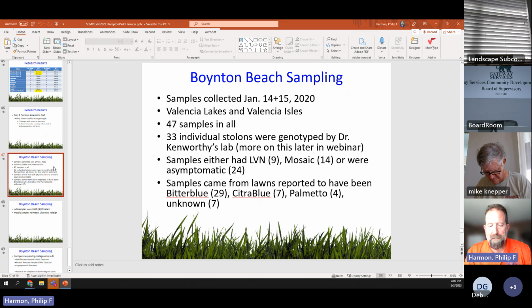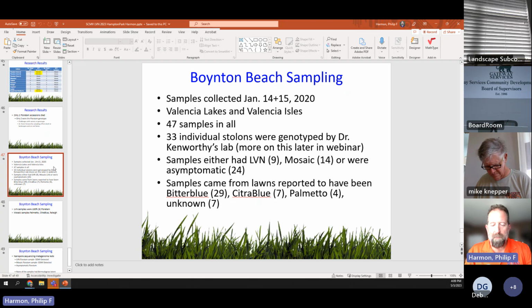Citra Blue is an improved variety. It's new, and so it depends on your level of comfort with taking a risk on a new turf product. We've seen a lot of turf products introduced look okay for a year or two and then develop some issue that's resulted in them no longer being available, in the 40 years that Floratam has been around, and in the 20 plus years that Palmetto has been around.